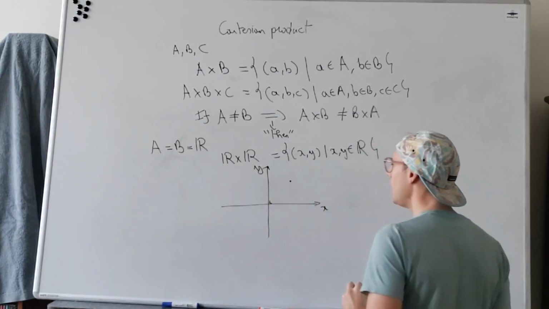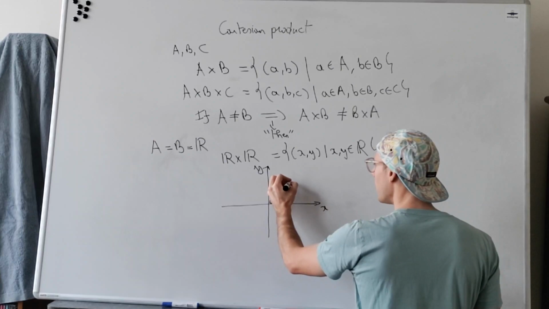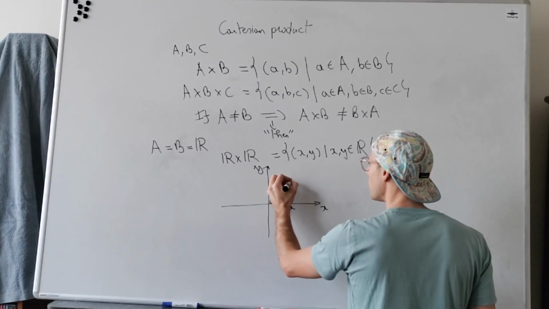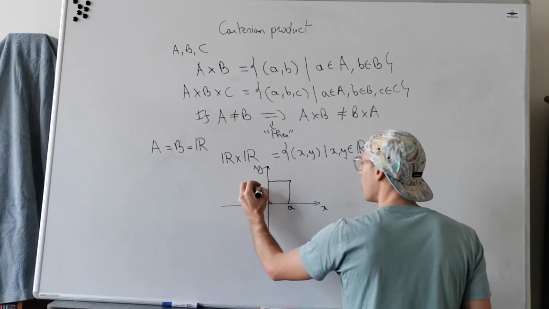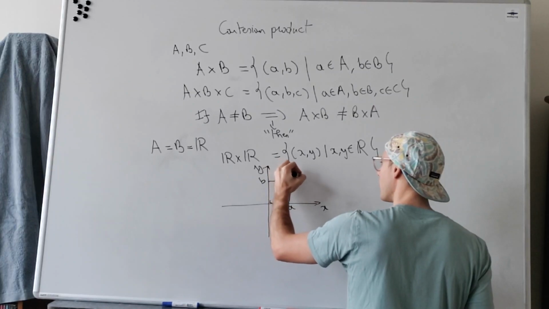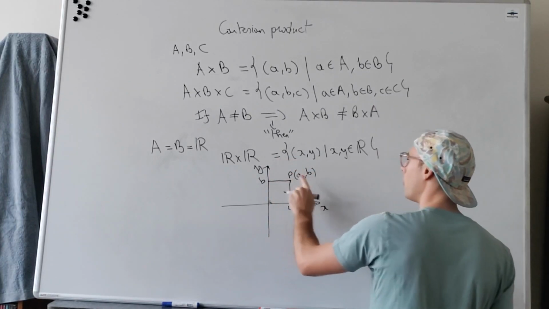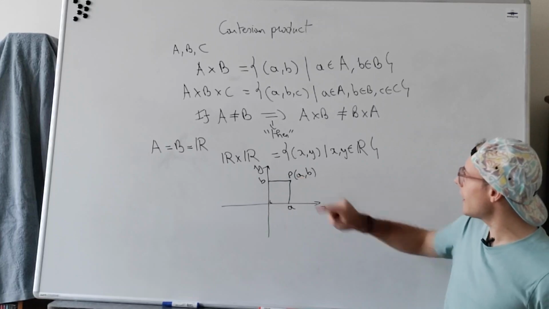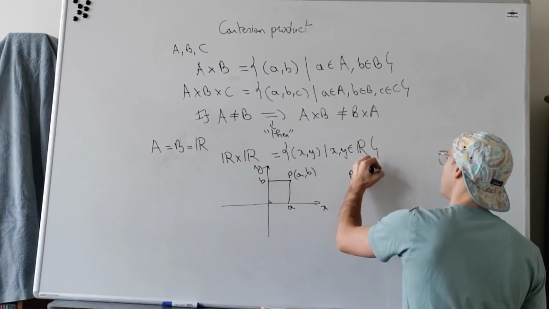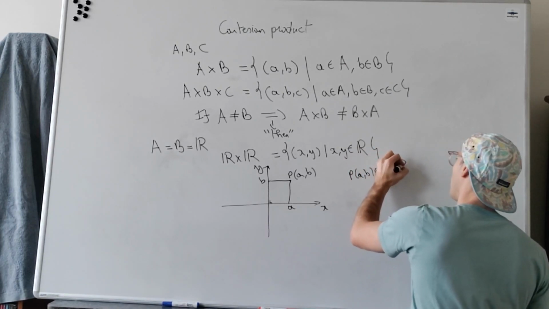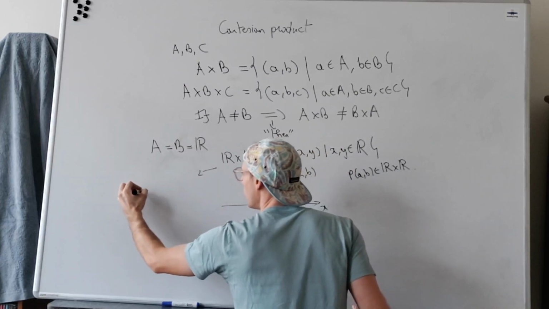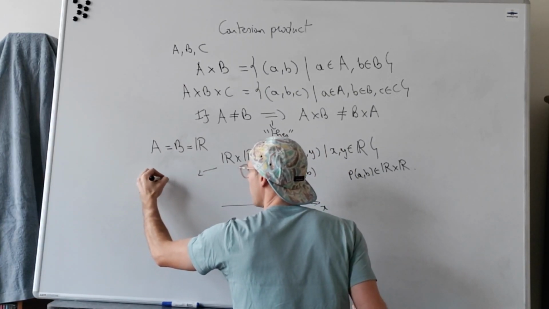Every point in here, we can take the projection onto the x-axis, this gives a point a. We can take the projection of this point onto the y-axis, this gives an element b. And I can say this is the point P with x-coordinate a and y-coordinate b. And we see that this point is just an element of R times R. So what we actually see is that R times R represents the plane.